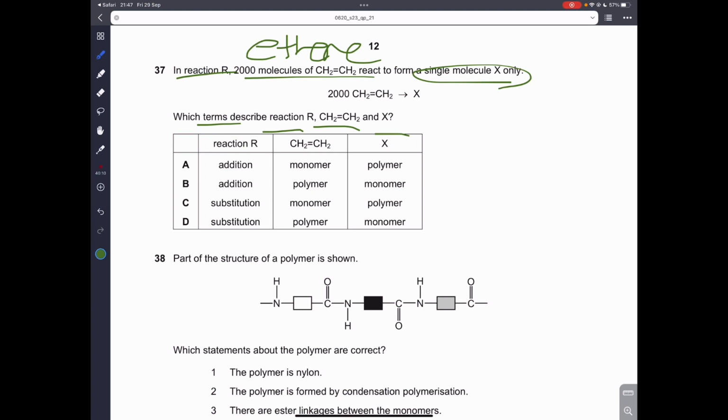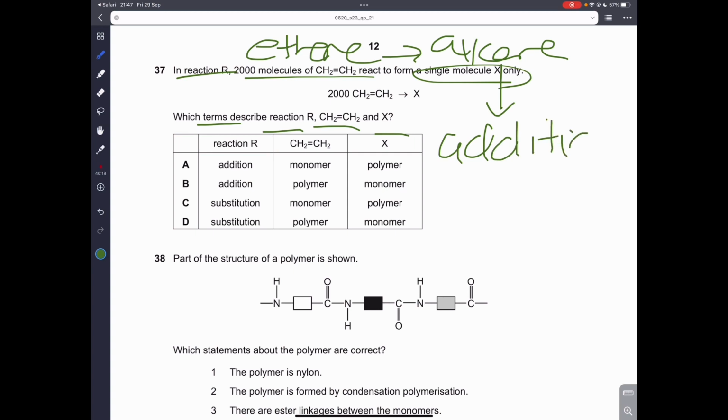An alkene will only undergo addition reactions. Remember that, you have to learn it by heart. Addition reaction. Now this is going to form a polymer. So 2000 molecules of the same monomer is going to form X, which is a polymer. So 37 is going to be A.